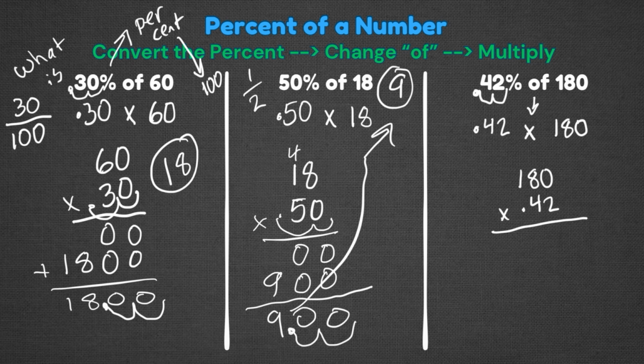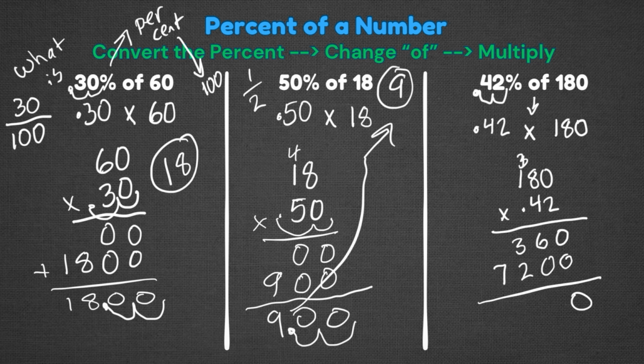2 times 0 is 0. 2 times 8 is 16. 2 times 1 plus 1 gets us 360. Then we drop down another 0 because we're moving over to the 4. 4 times 0 is 0. 4 times 8 is 32. And 4 times 1 is 4, plus that 3 gets us 7.